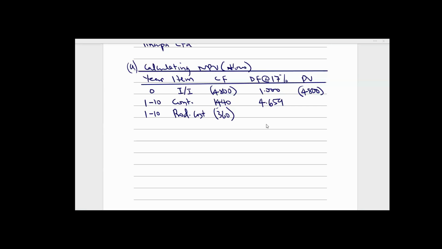Okay, let's continue. So here is 4.659. There's no scrap value in the question, so no need to worry ourselves. We don't need to multiply. That would be 4.659 multiplied by 1440.